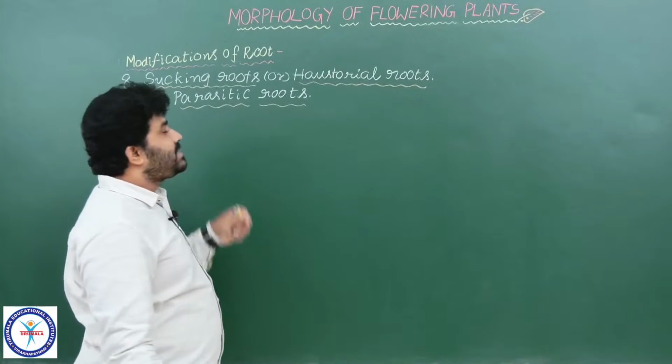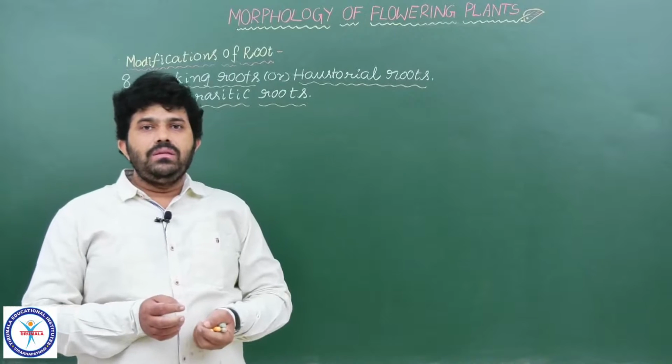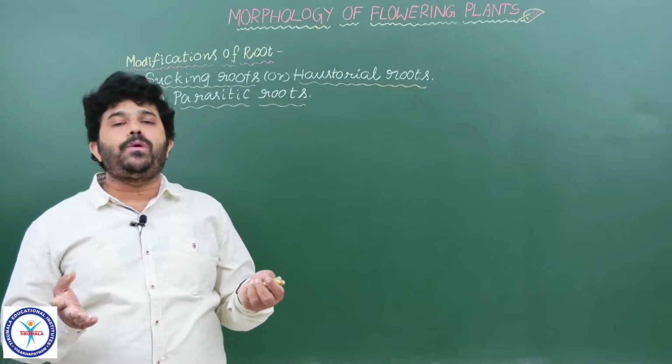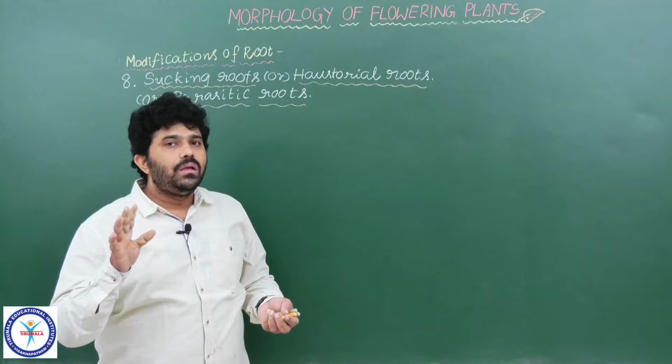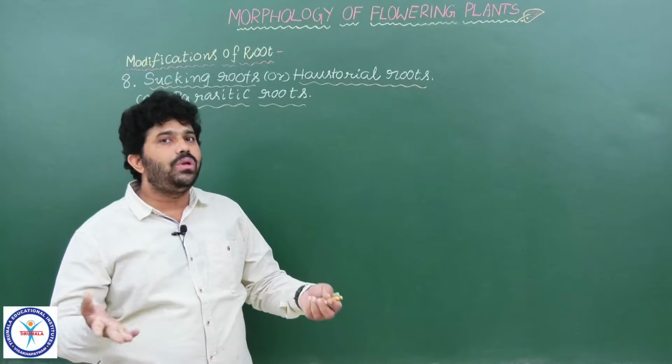That's why those plants are called complete parasitic plants. These complete parasitic plants do not have leaves, and do not have a proper root system for absorption of water. So they cannot get water and food with their own ability.